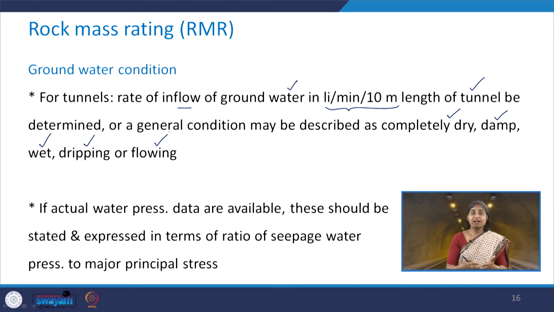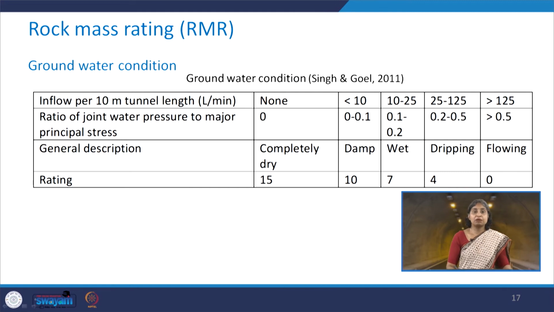Now, in case you have the actual water pressure data available, that should be stated, and it should be expressed in terms of the ratio of seepage water pressure to major principal stress. Now take a look at this table and see how we can assign the rating. In case you have the information about inflow per 10 meter tunnel length, that is in liters per minute, then you have to use this row, and there you have this ratio of joint water pressure to major principal stress.